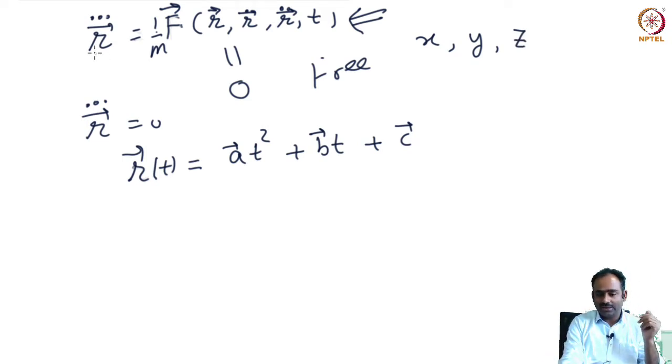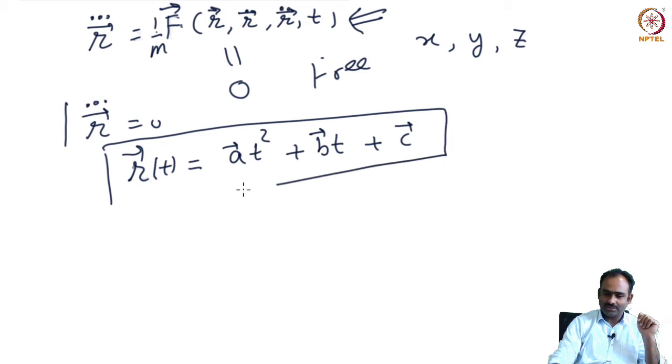So you should read it as X triple dot as 1 over M Fx, Y triple dot as 1 over M Fy. So these are really three equations. So each vector equation becomes three equations. Okay, so coming back to this, if you solve it, you'll get such a result after integrating.